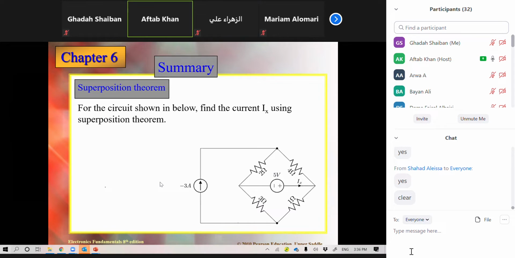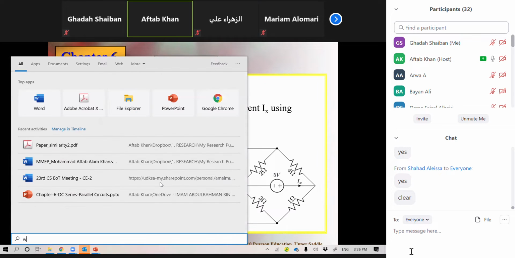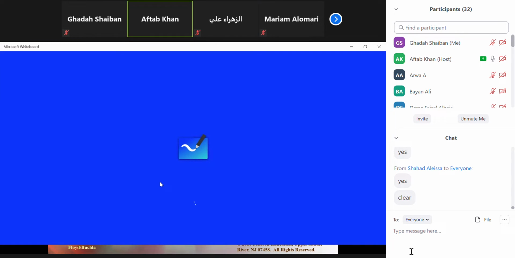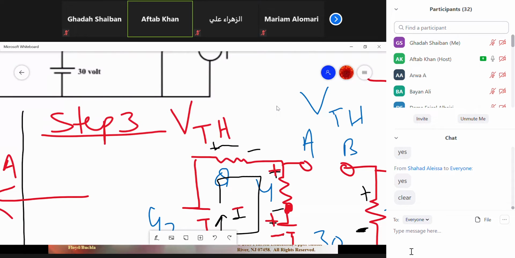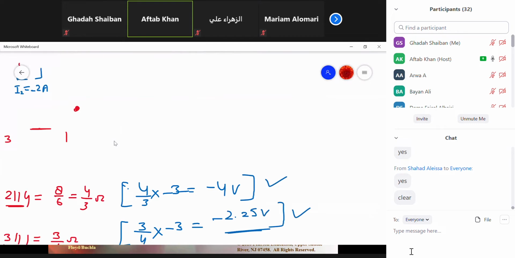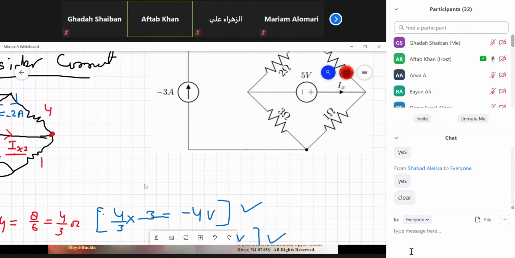Let's see this one. So this is the circuit.